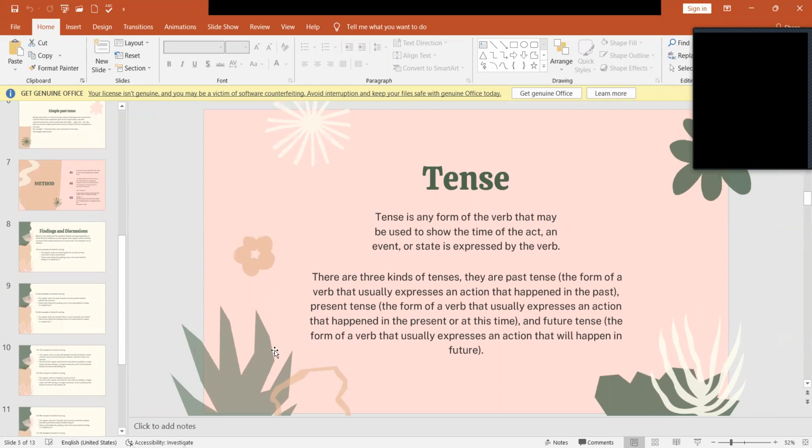There is past tense, the form of a verb that usually expresses an action that happened in the past. Present tense, the form of a verb that usually expresses an action that happens in the present or at this time. And future tense, the form of a verb that usually expresses an action that will happen in the future.